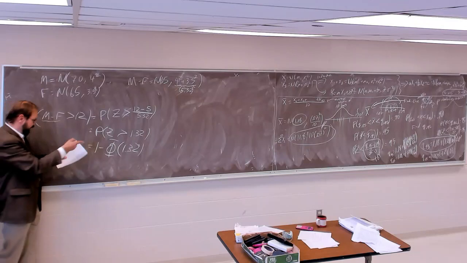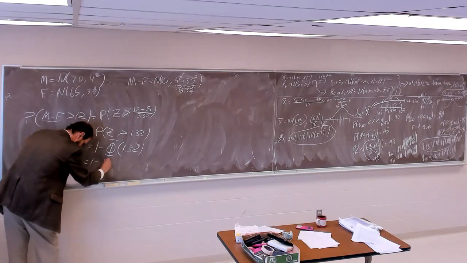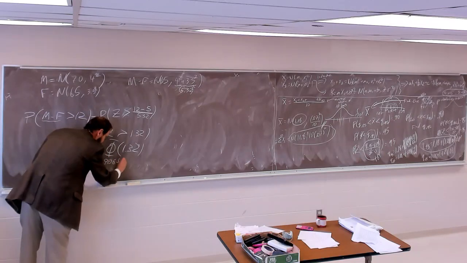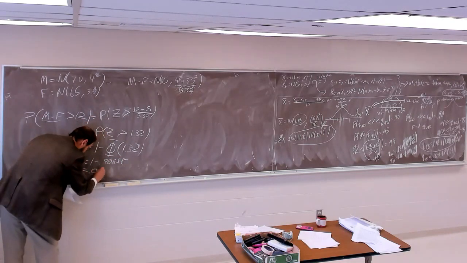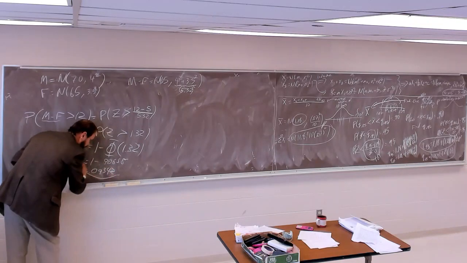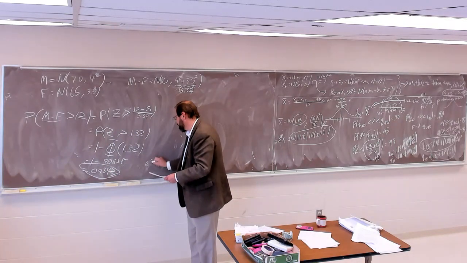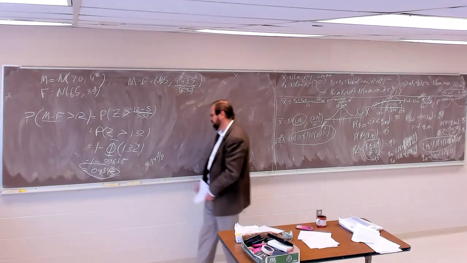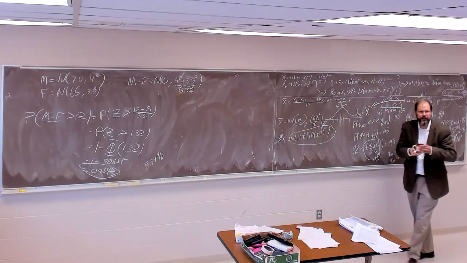If I plug that into my little table over there, it's 1 minus 0.90658, which is approximately 0.0934. So this would happen about 9.34% of the time. Okay. Not common, but not incredibly uncommon.